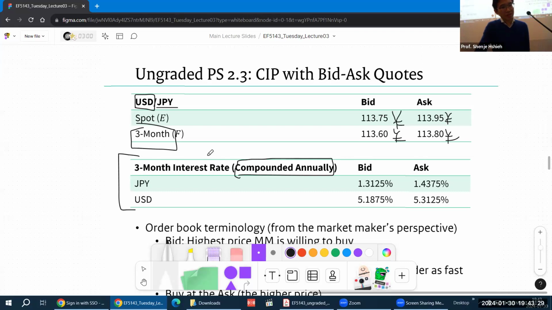We need to convert these interest rates so that they are the periodic interest rates that match this F, the time horizon. Okay, so 1.3125%, 1.4375, etc. These interest rates are all annualized. So we need to de-annualize them and convert compounding to quarterly now, right?